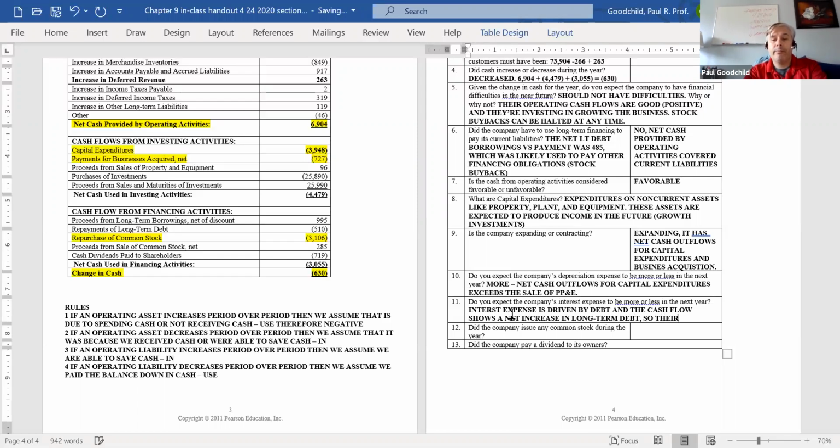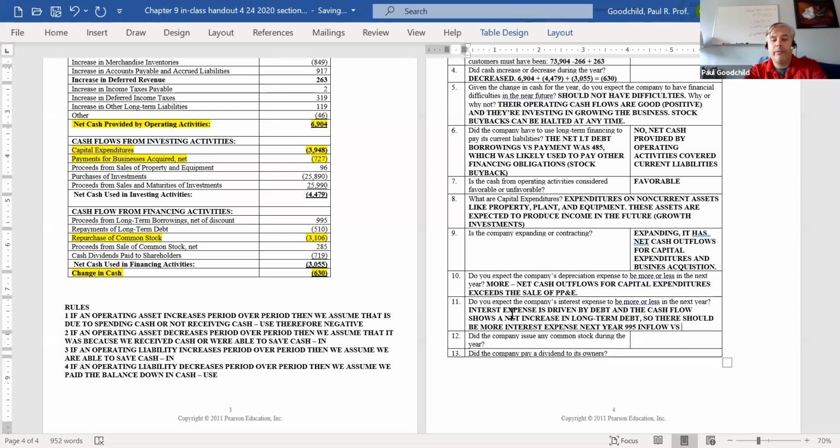So there should be more interest expense next year. 995 inflow versus 510 outflow.